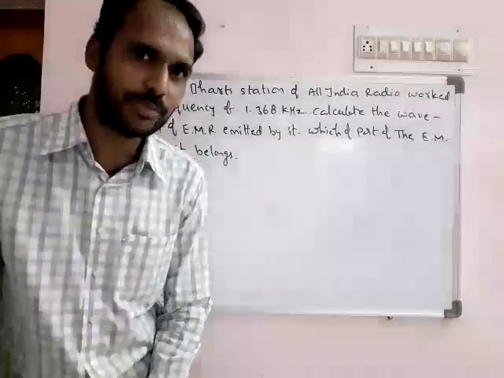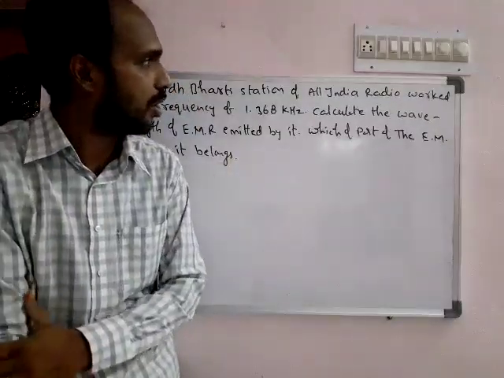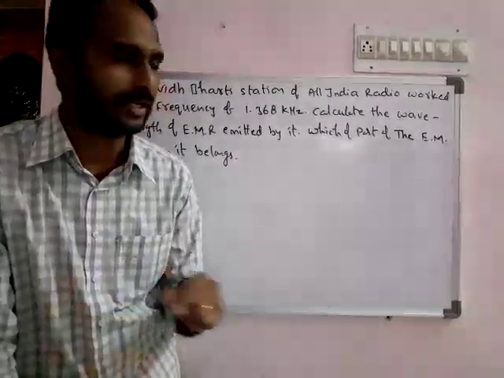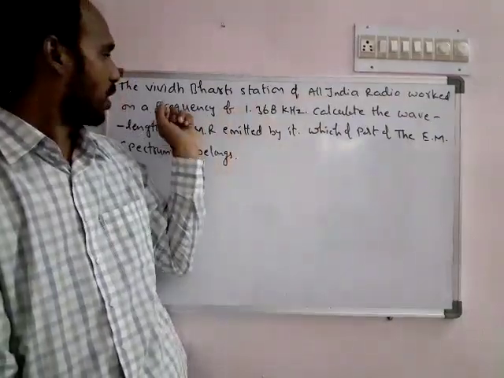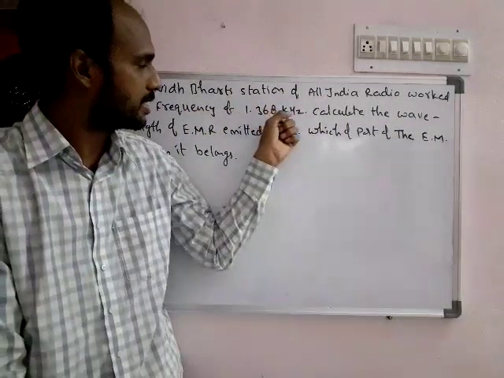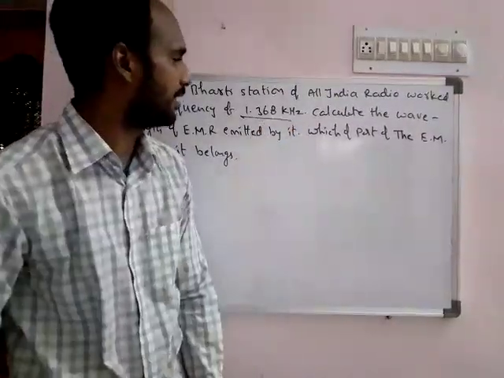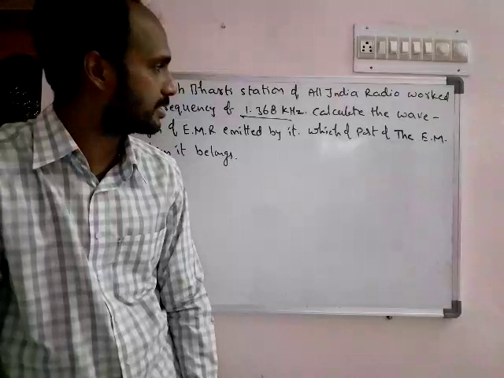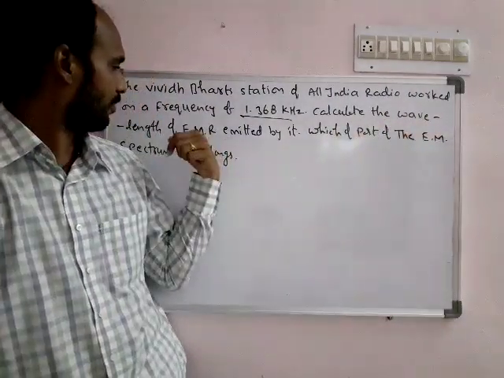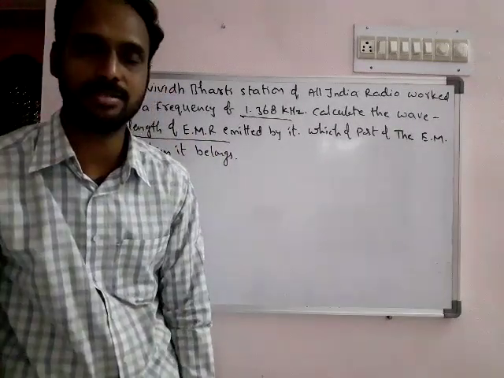See the related problem. The Vivid Bharati station of All India Radio, a radio station at the center of Delhi, worked on a frequency of 1.368 kilohertz. When the frequency is given as 1.368 kilohertz, we need to calculate the wavelength of the electromagnetic radiation emitted by it.